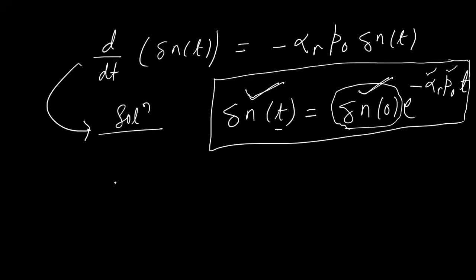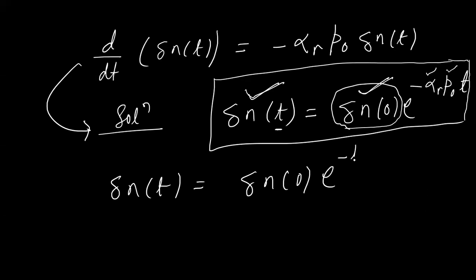So further, if you want to simplify it, delta n(t) can be written as delta n0 e to the power minus t by tau n0, just to simplify it further. Here I just substituted tau n0 for 1 by alpha r p0, or alpha r p0 inverse.